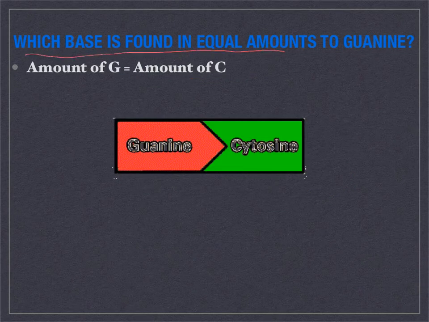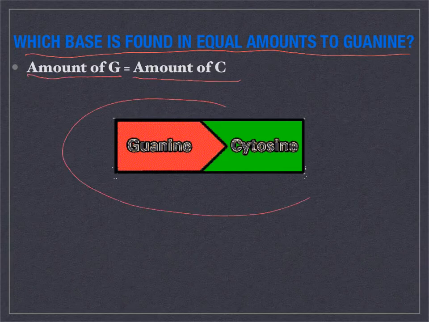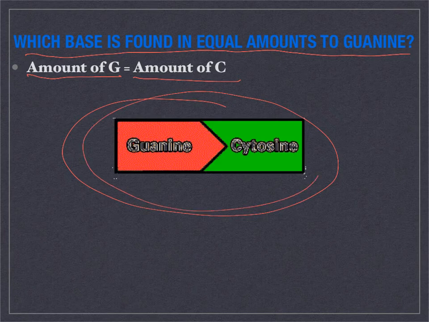Which base is found in equal amounts to guanine? The amount of guanine equals the amount of cytosine, just like shown in this drawing here. That was the other part of Chargaff's rules. These bases are going to bond across the structure of the DNA molecule and give it its distinctive shape that we're going to talk about in upcoming slides.